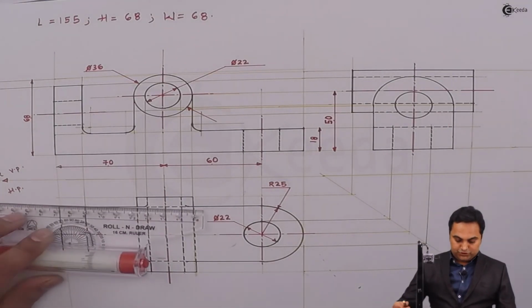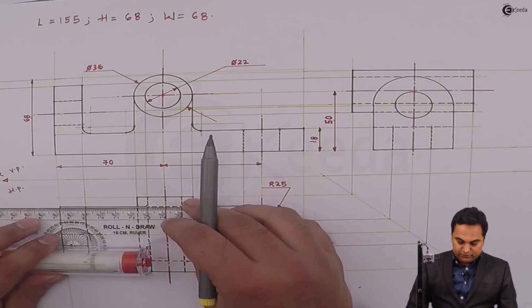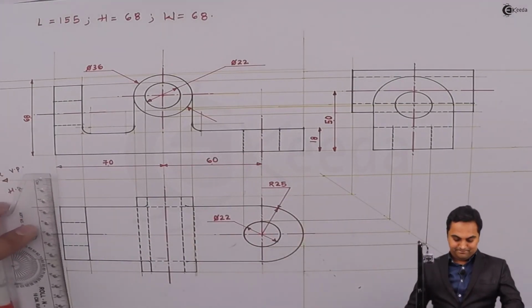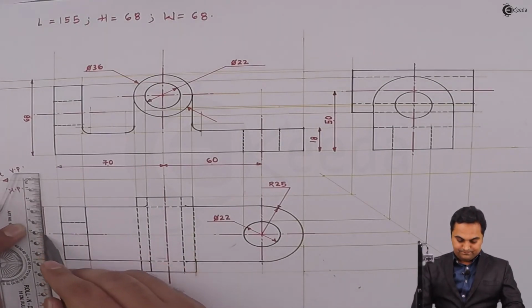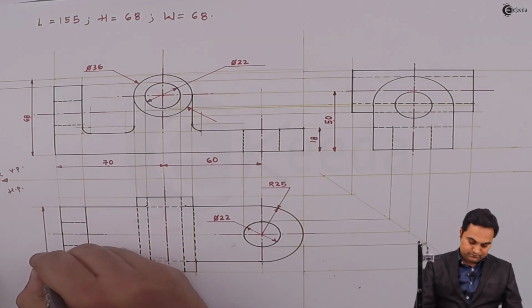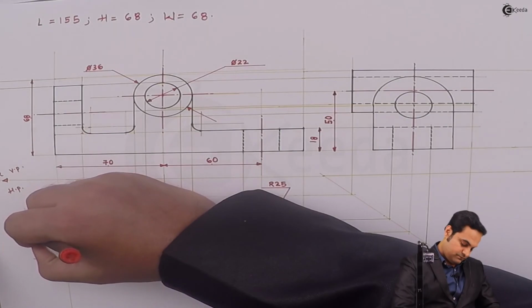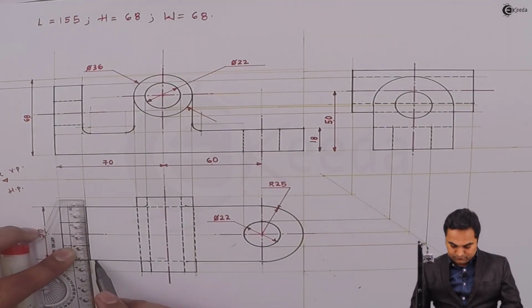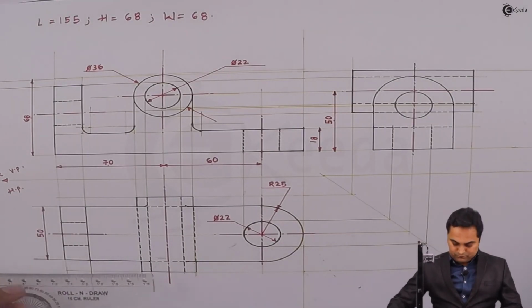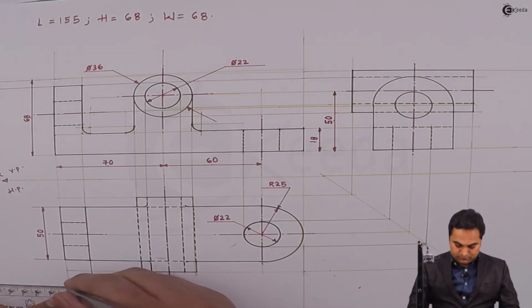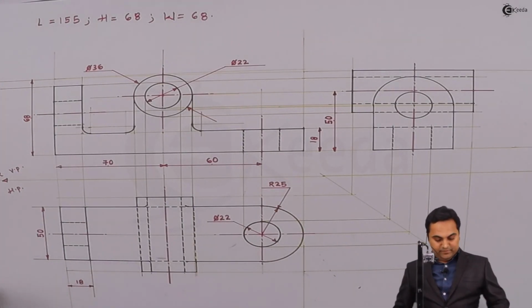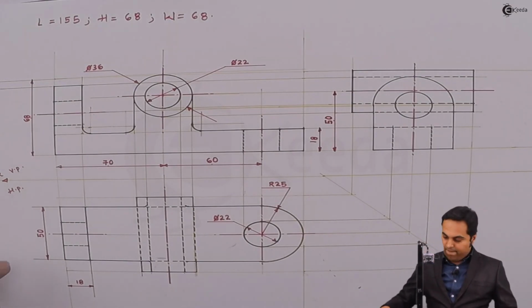Next, this portion has a width of 50 mm. Eighteen mm is the length of this disc.